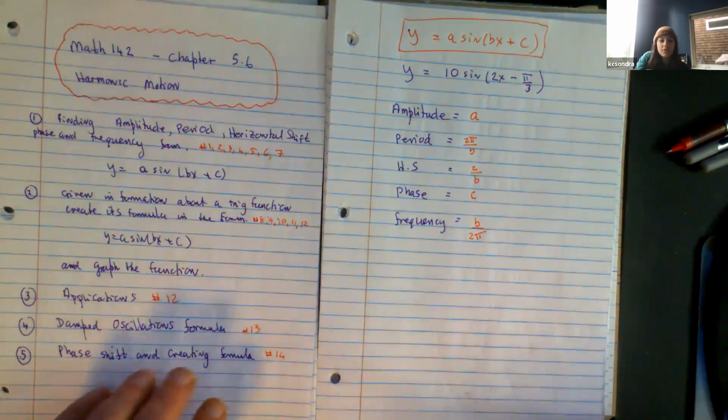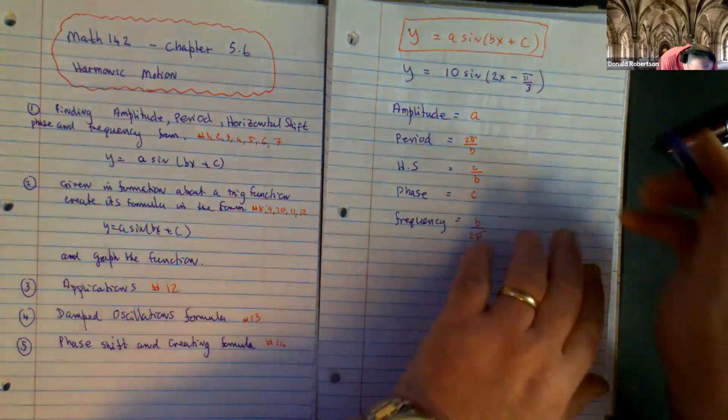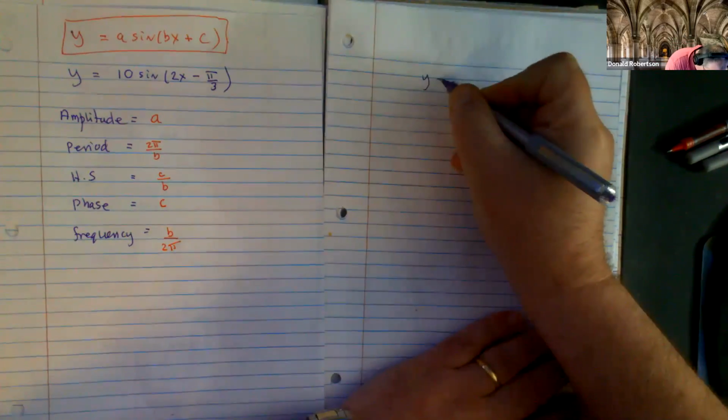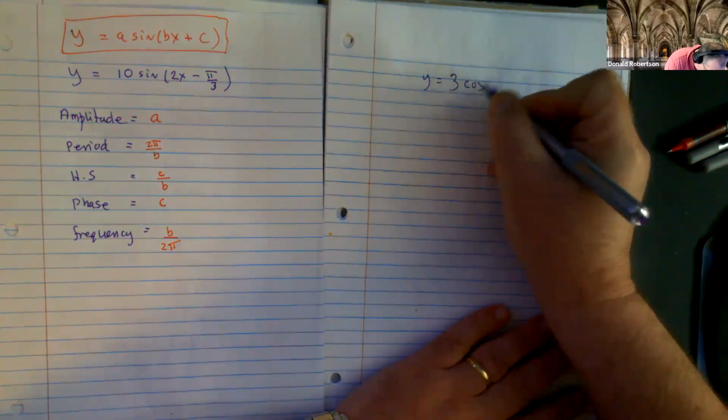Yes. If the B is factored out in this case, would the phase be B times C? So if I'm picking up correctly, if you got a question that was written like this, and I'll make it a different number so that we have things going on.